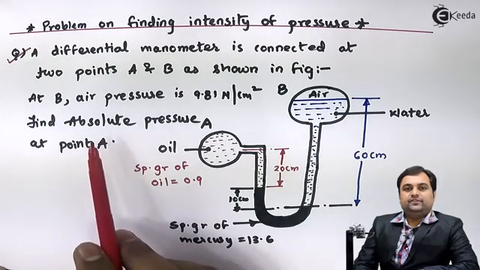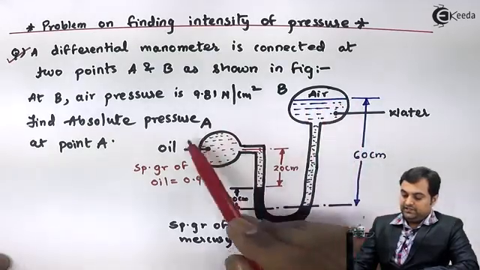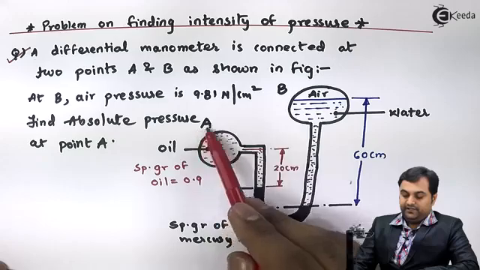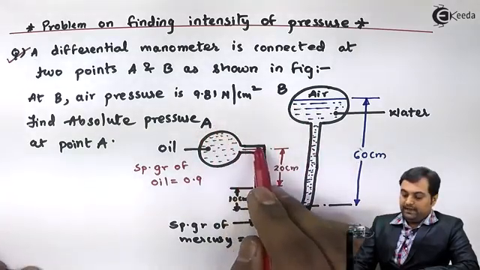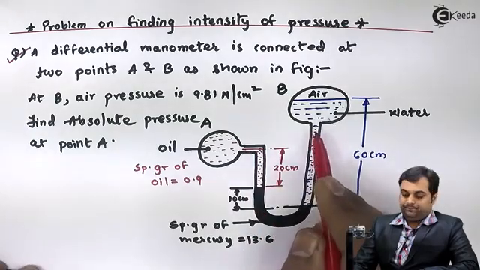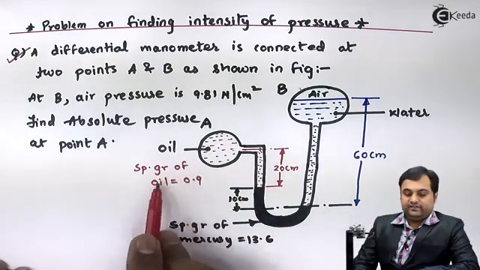Based on this question, we have to write the data. Now, here as we see in this diagram, at A and B there are two different pipes, and to those pipes a differential U-tube manometer is connected. On the left hand side, we are having oil whose specific gravity is 0.9.